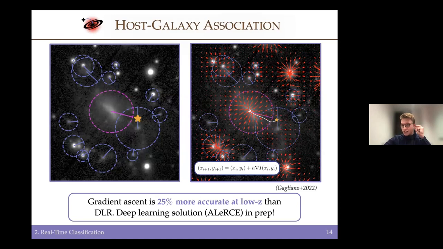I had a discussion with Dana earlier today about how you might go about associating transients with host galaxies, and it's something that I'm really interested in. So I ended up adding this slide at the last second. But in supernova studies, what is traditionally done is a method called the directional light radius.